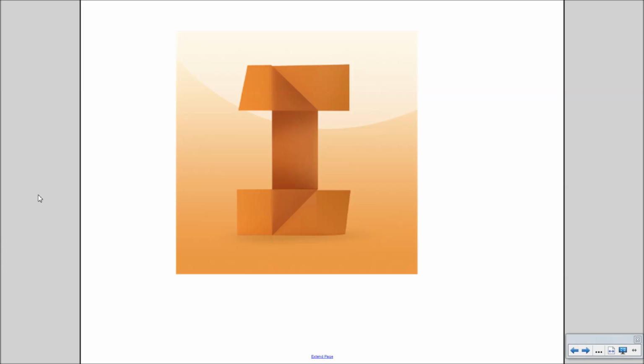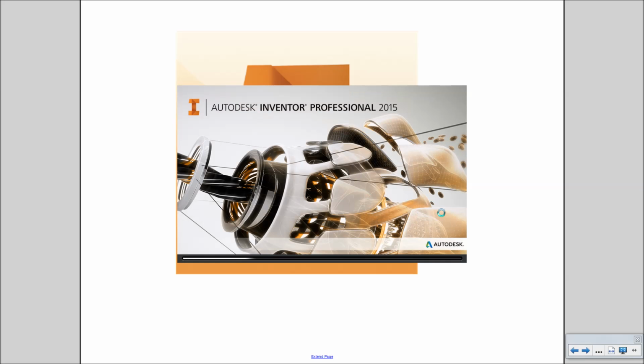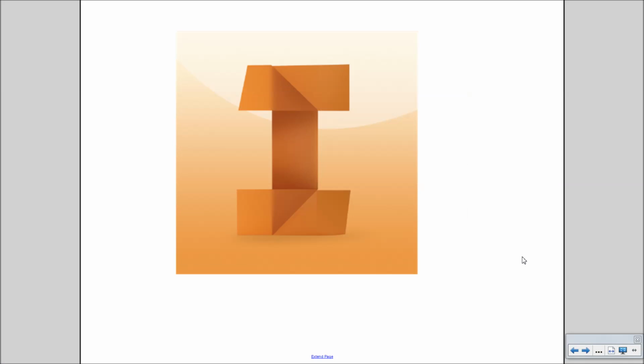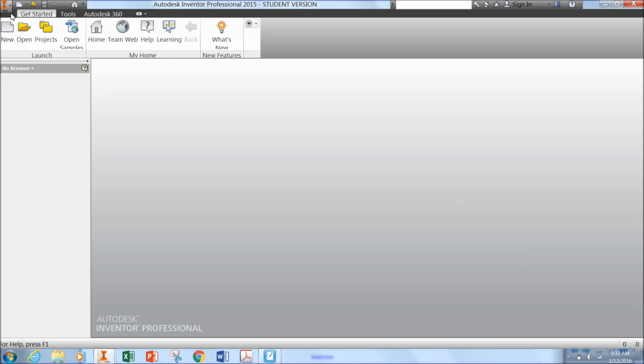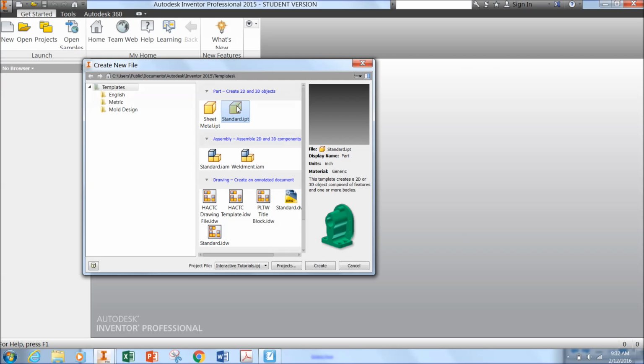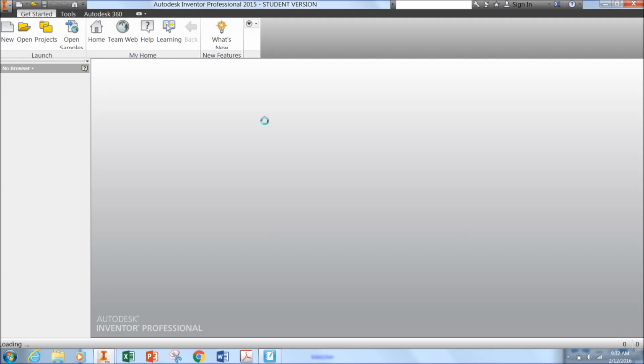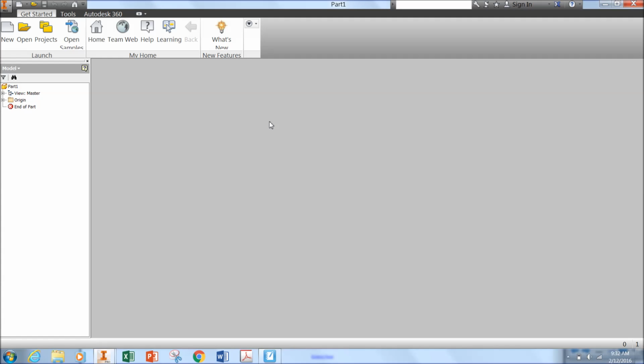We're now going to start Inventor to create our first 3D model. Once Inventor is open, we're going to create a new parts file. Next, we're going to start a new 2D sketch.